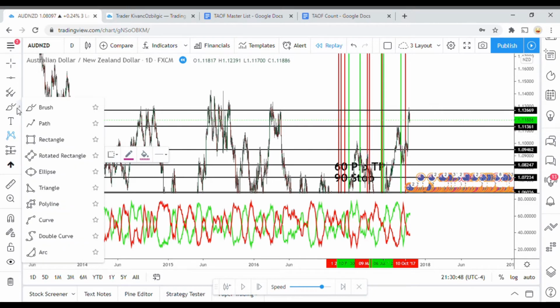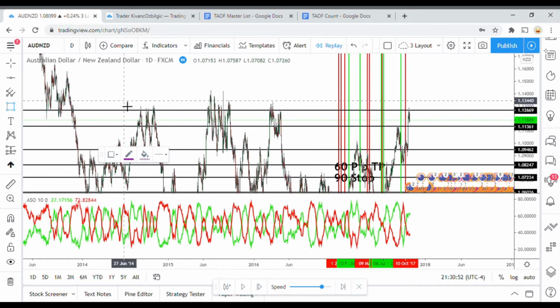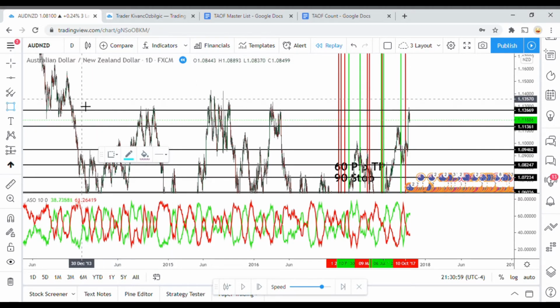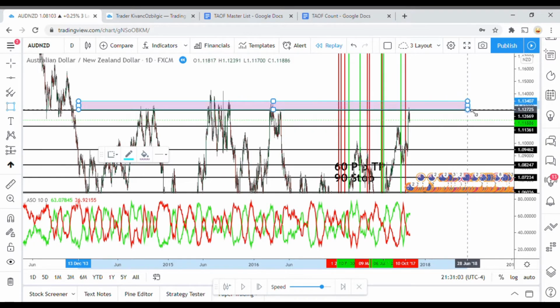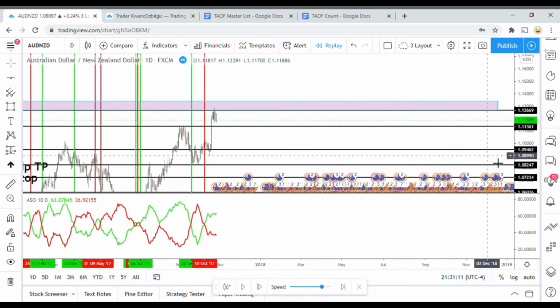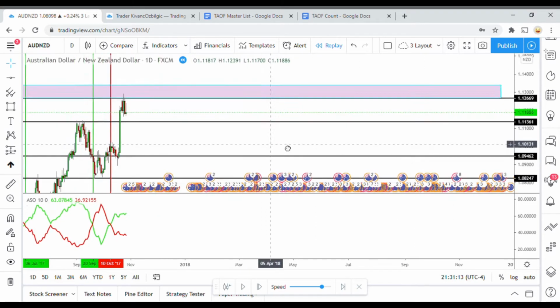Let's see here. So what you can do to block off zones is something like this.